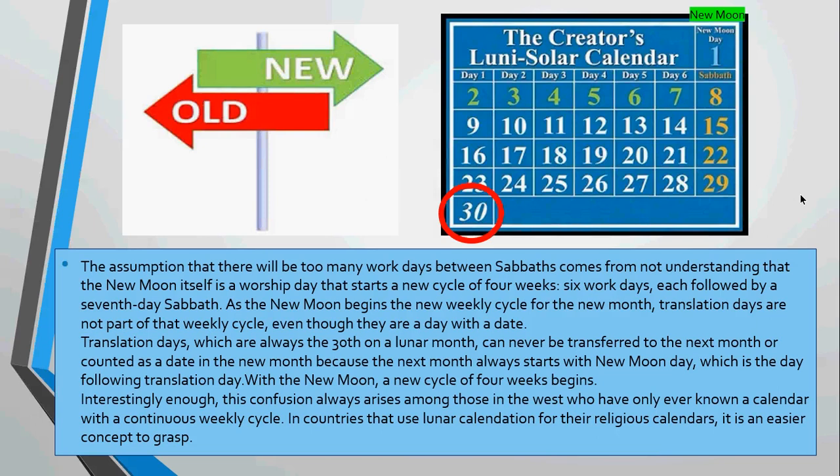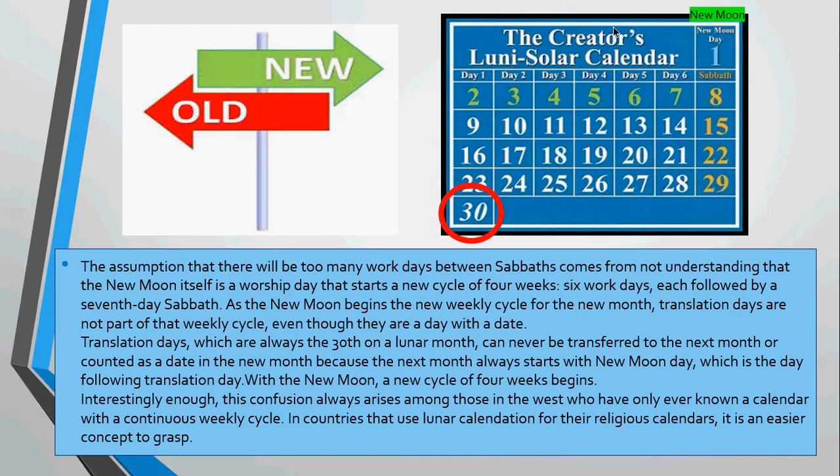Translation days, which are always the 30th of a lunar month, can never be transferred to the next month or counted as a date in the new month, because the next month always starts with new moon day, which is the day following translation day. With the new moon, a new cycle of 4 weeks begins.